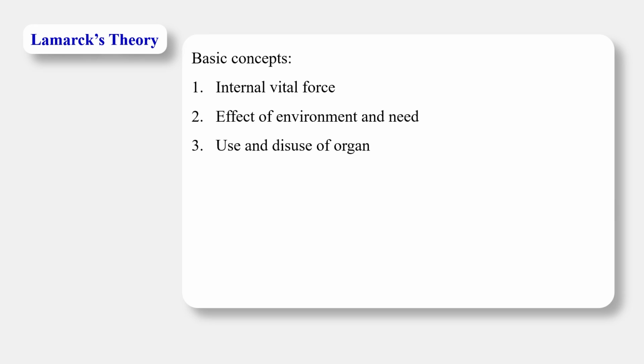Third point, and a very important point discussed by Lamarck, is use and disuse of an organ. If someone is using a type of organ, he gave the example of the giraffe, which feeds on the leaves of a tall tree.